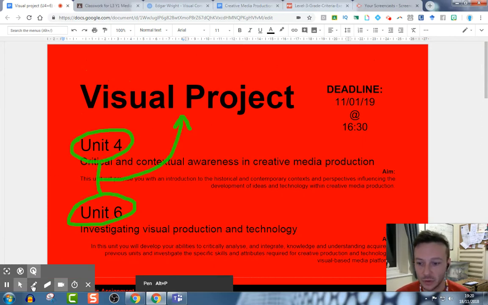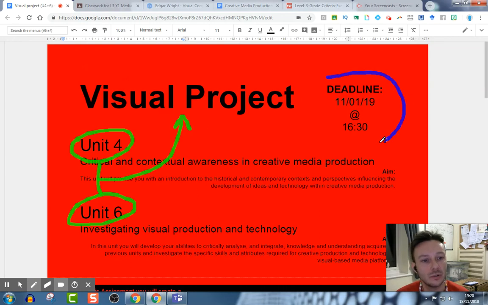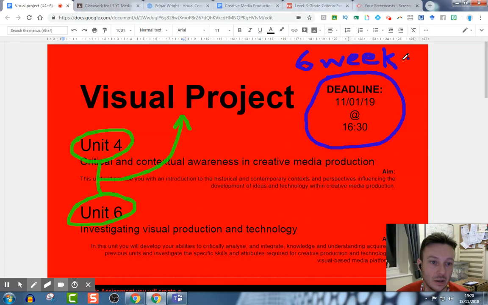You will see I've also put a deadline here, which is going to give you a grand total of 6 weeks. Now, the reason you got 6 weeks is because there are 2 units. And same as with the advert project, there is going to be a need for 6 weeks because we have work to do and we need to give you the right amount of time for the right amount of criteria.